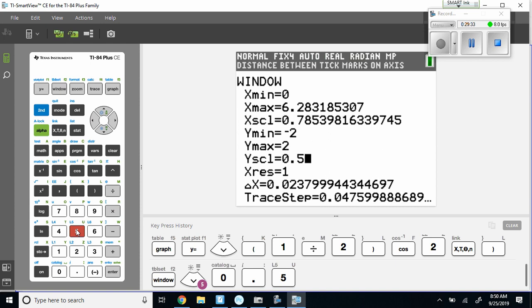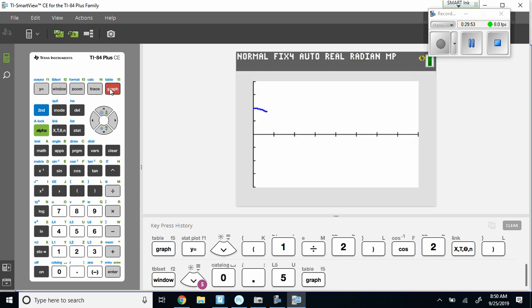Does that make sense? So I can visibly look at the screen and understand that that's 1/2, that's 1, and so on, right? Okay, y'all ready? Yes or no? Yes. Hit graph.